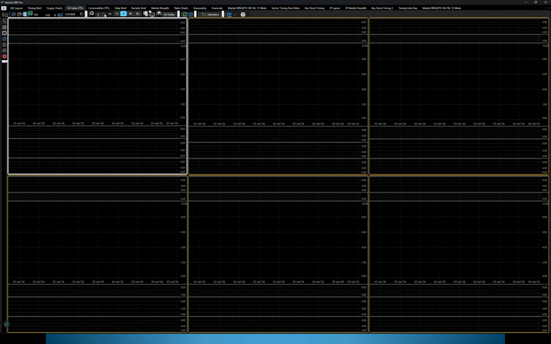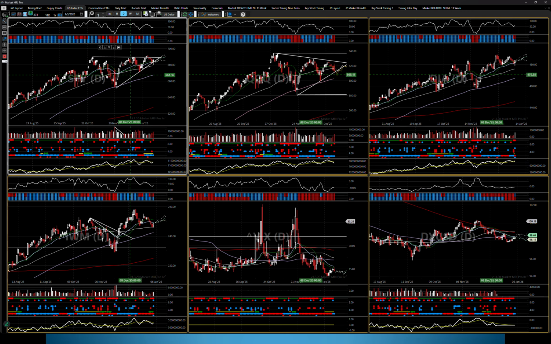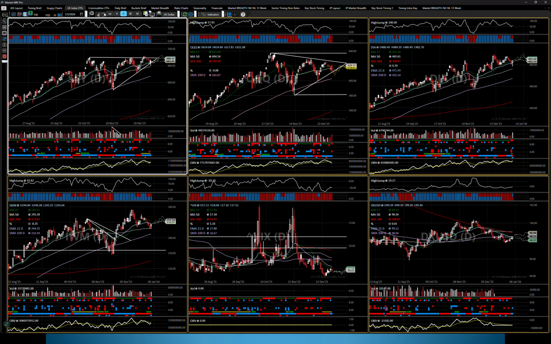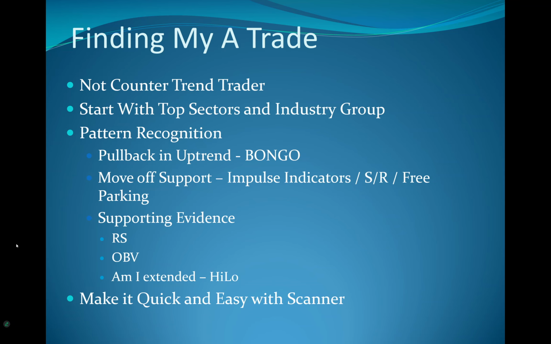If I want to go to, say, a 15-minute chart, again, I don't know why I would for how I trade. Praveen, we've got something going on. I had this before. It works in the other layouts. I'll show you how to do it when I get to another layout.